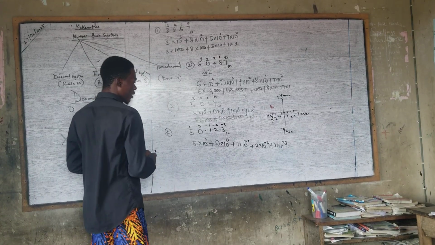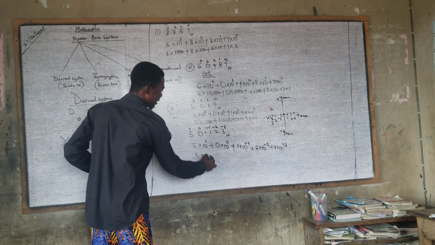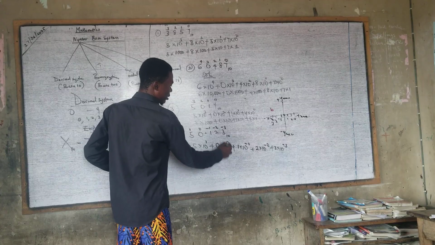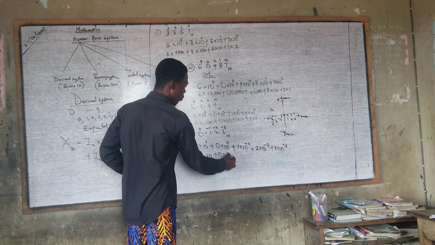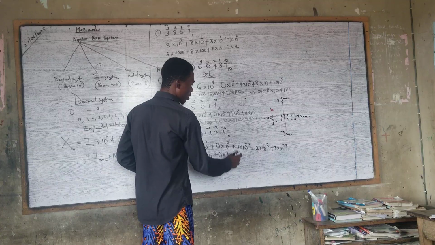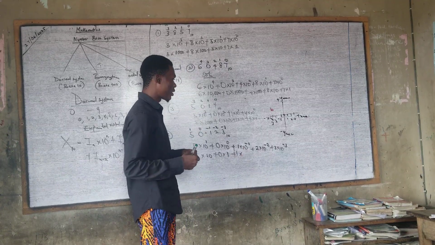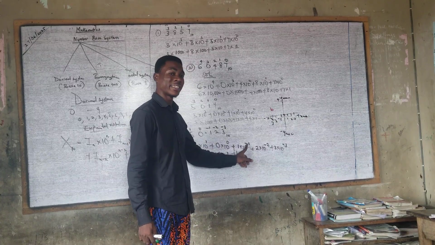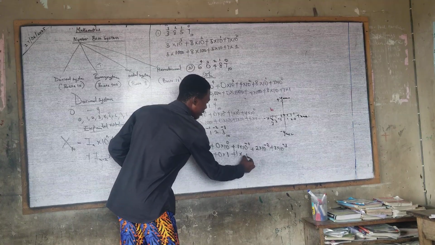So let's continue from here. What are we going to have here? We have what? 5 times 10 raised to the power of 1, that is 10, plus 0 times, and I told you that any number raised to the power of 0, what will it give us? 1, plus, here, what are we going to have? 1 times. And I used to tell my students something: whenever we have a number raised to a negative power, this negative changes to 1 over.